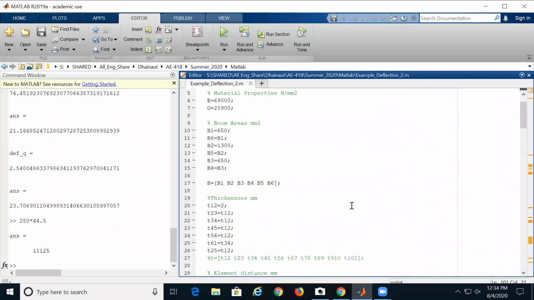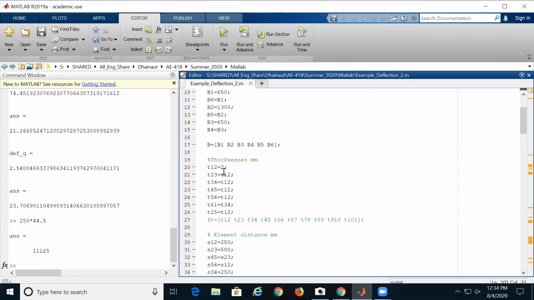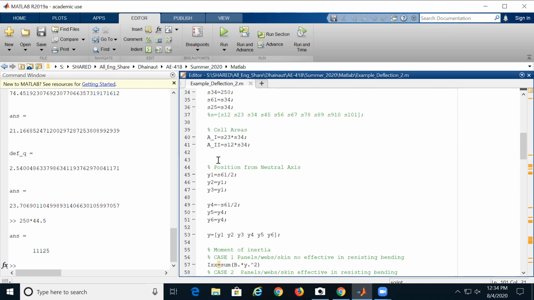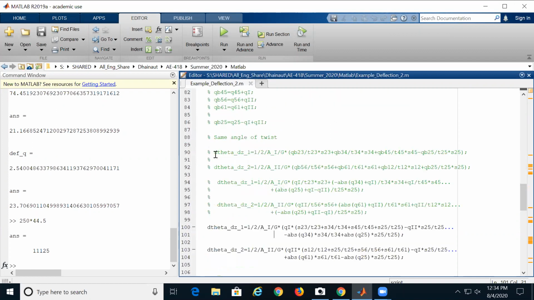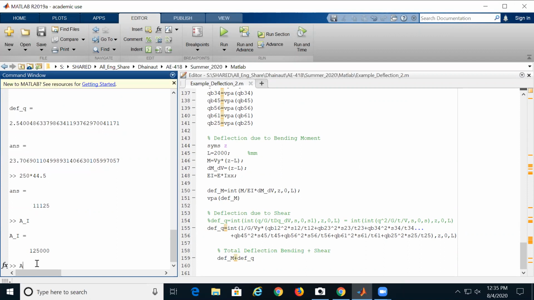Let's see if I did any error on the inputs. Okay, so I think one should be half of the other one, I'm pretty sure. So A1, no, yeah, it's half, no? So A2 is half. Is that possible? Yeah, it's half of the other one.